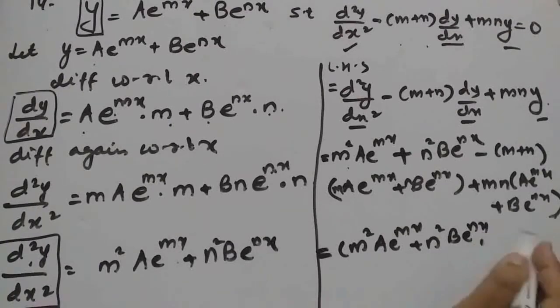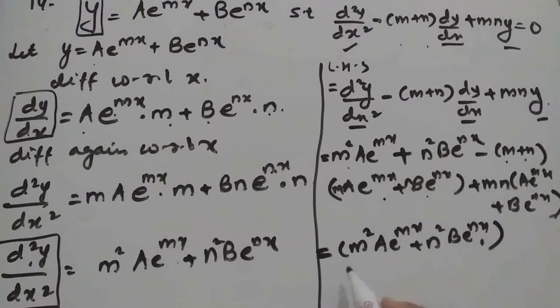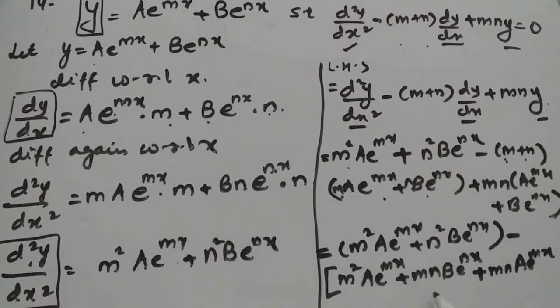Now with m we will open the bracket, and then with n also we will open the bracket. So this minus will be as it is here. Suppose first with m, so m²A e^(mx) + mn B e^(nx). Then with n, so mn A e^(mx) + n²B e^(nx).